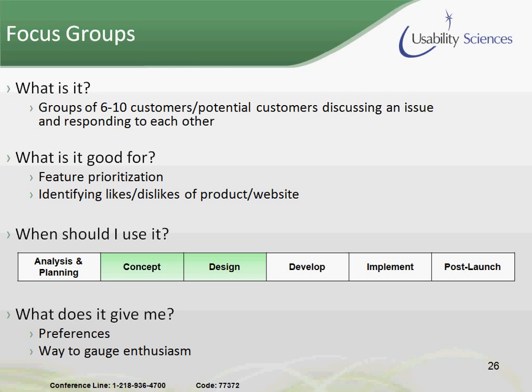This is a wonderful way to really identify the things that they're excited about and that they want and that distinguish you from the competition. It's also great for identifying likes and dislikes for a product or website. One of the most successful ways I think that you can use a group of folks is by giving them some things to do in smaller groups.